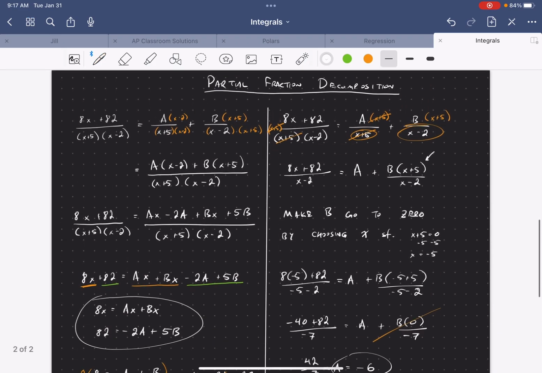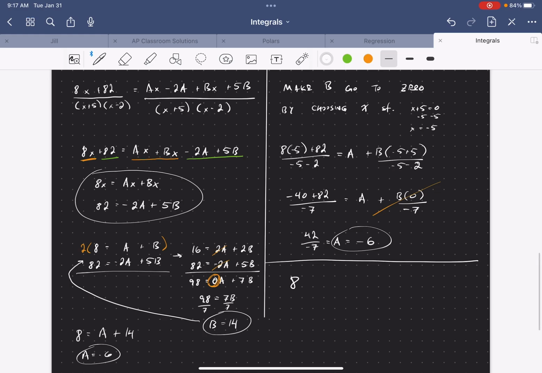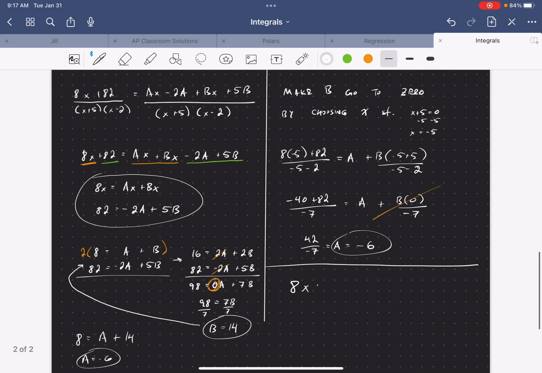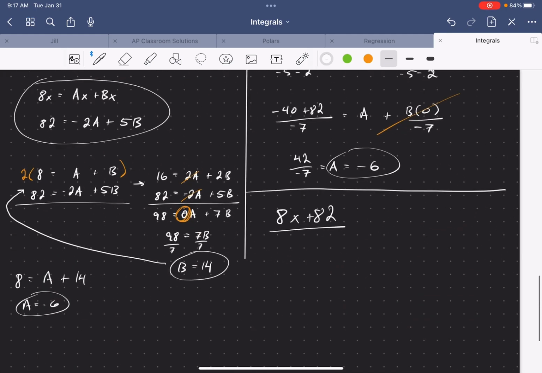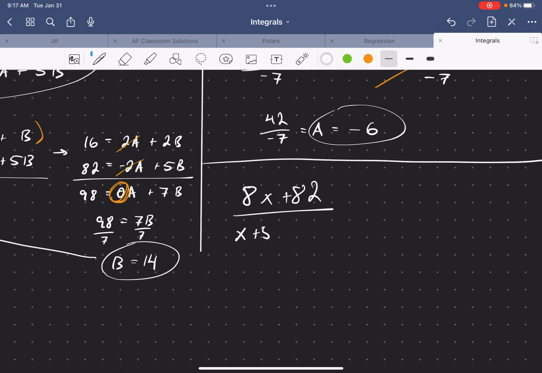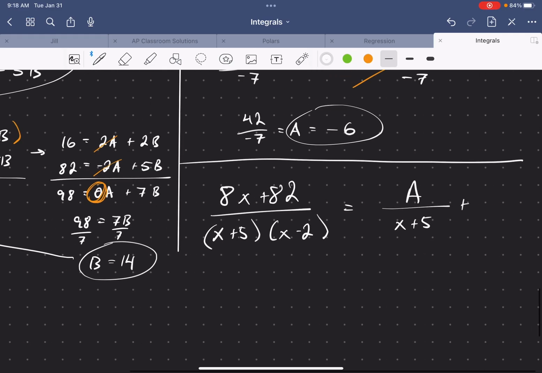Hopefully this will start to make sense of why we're doing what we're doing. So it's 8x plus 82 over x plus 5, x minus 2, and that's equal to a over x plus 5 plus b over x minus 2.